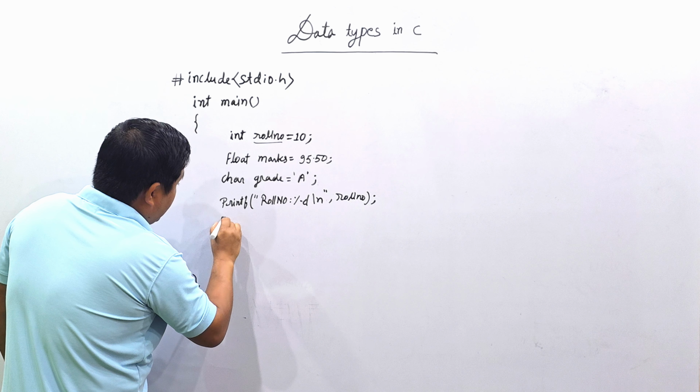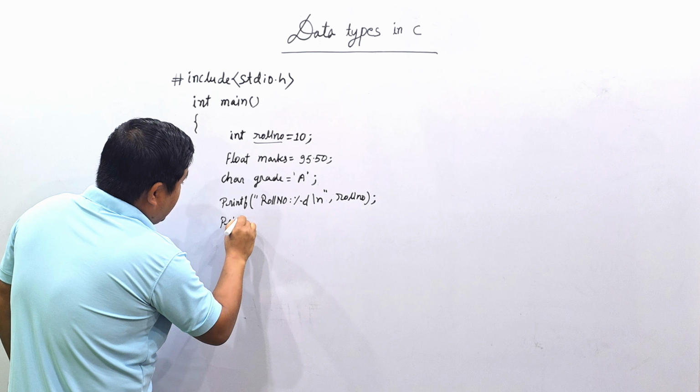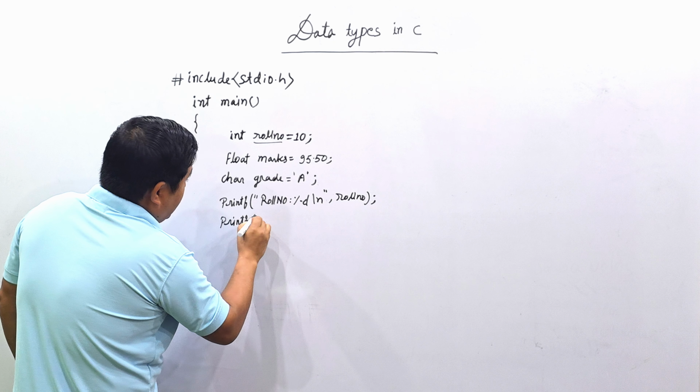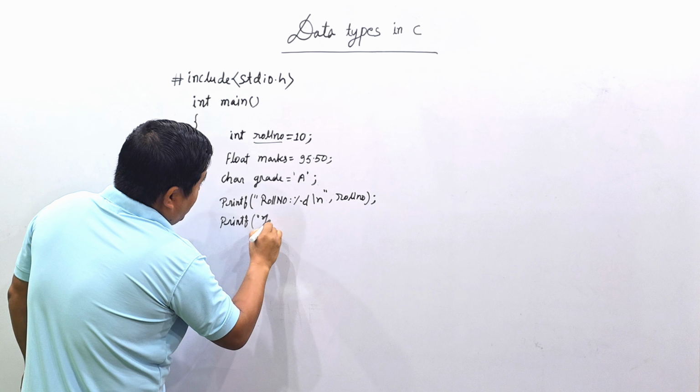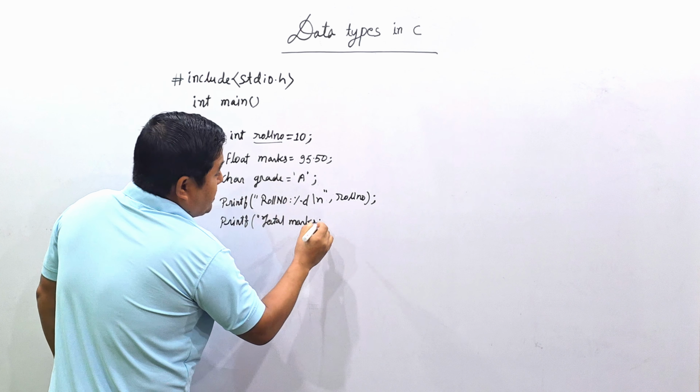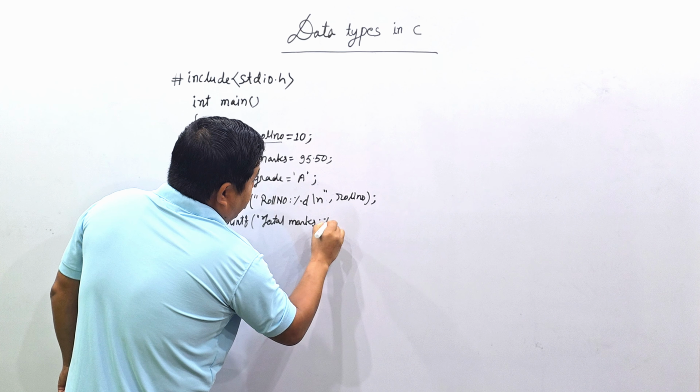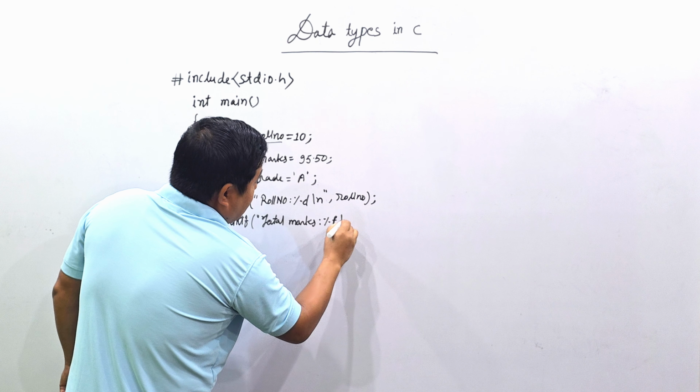In the same way, printf total marks, percent f, because float represents percent f, backslash n, close the double quotation mark, comma, and marks.